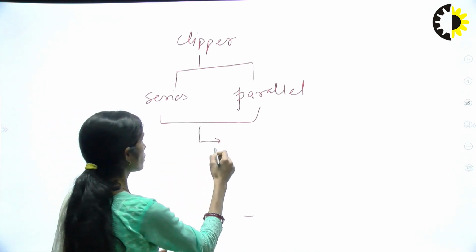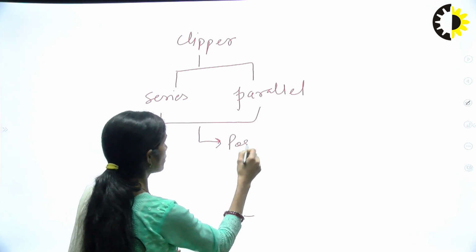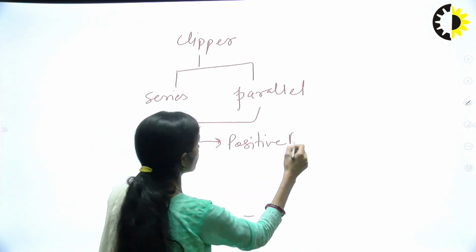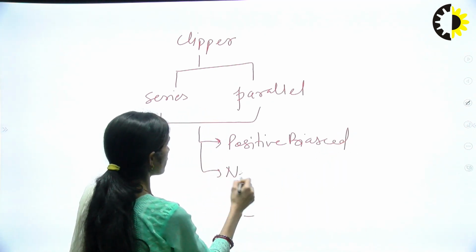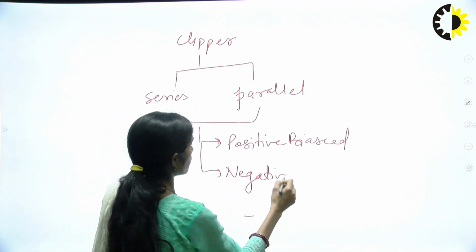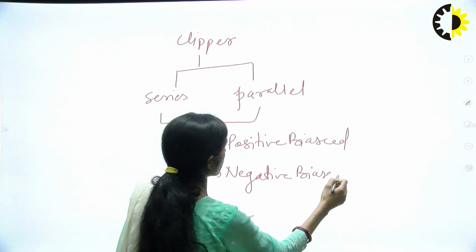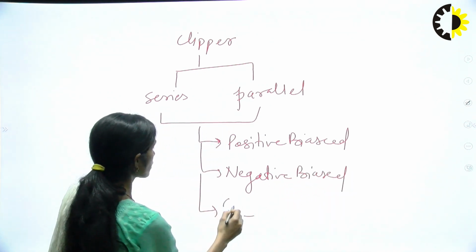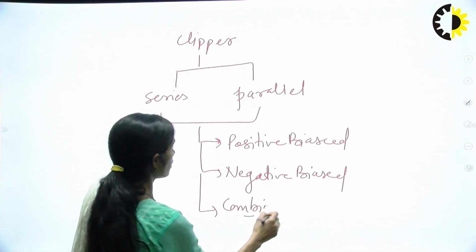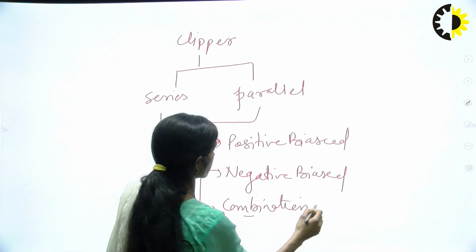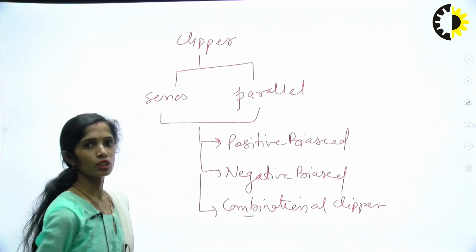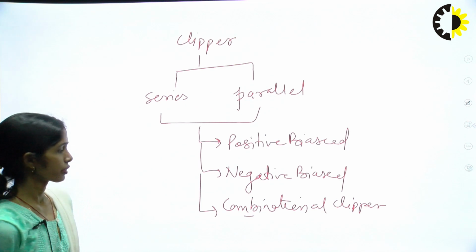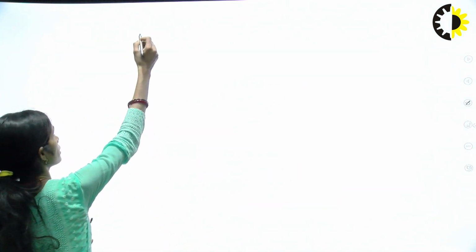We are going to use positive biased clipper, negative biased clipper, and we can also discuss combinational clippers. So, this is the classification we are going to discuss for the clippers. Next, we are first going to talk about the series clipper.